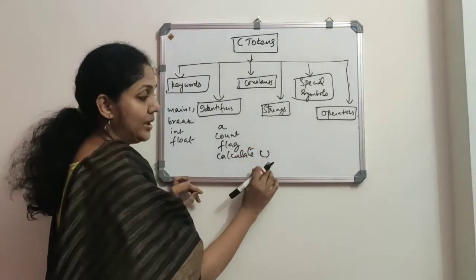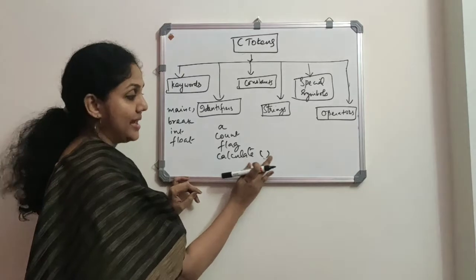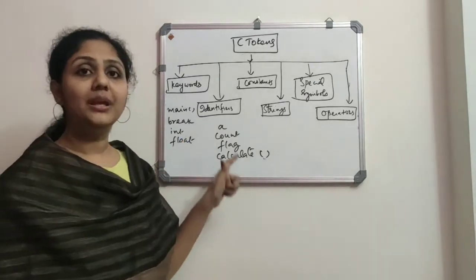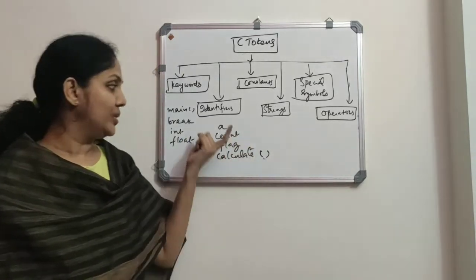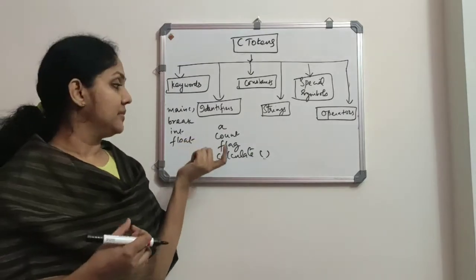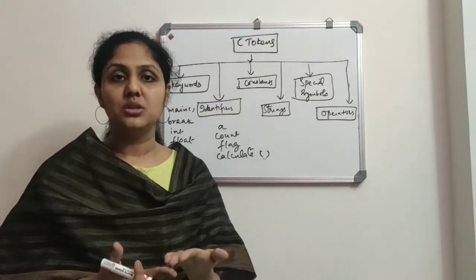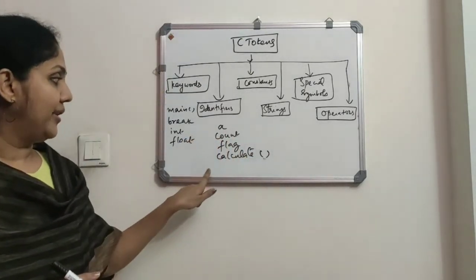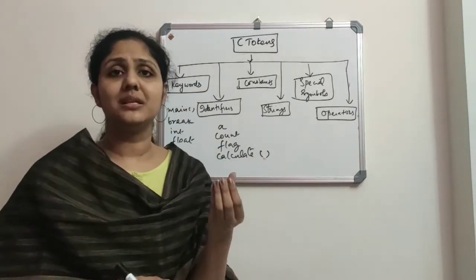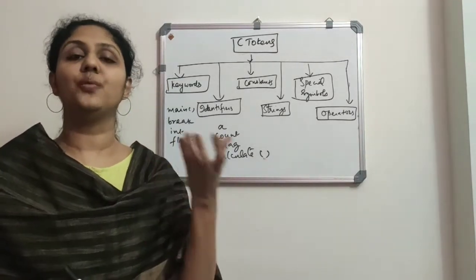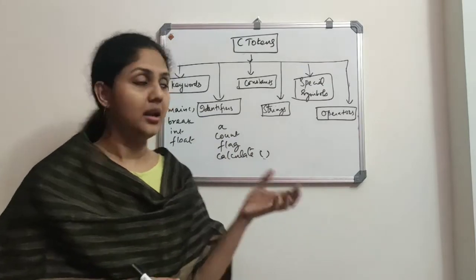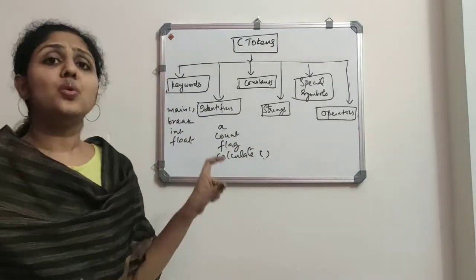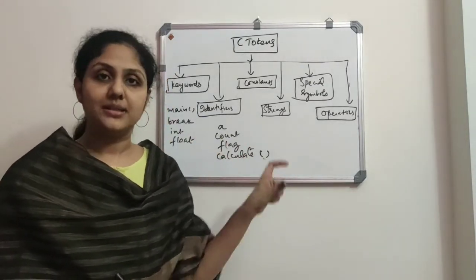Here calculate is a function because it has parentheses. These are the identifiers used to give meaningful names to a variable, a function or an array. There are certain rules to write an identifier.